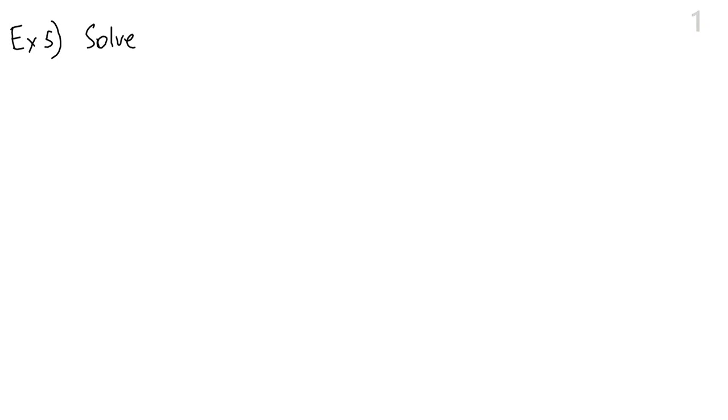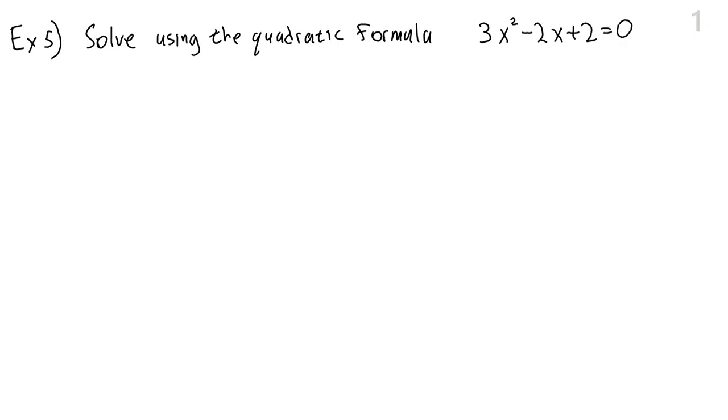Solve using the quadratic formula the following equation: 3x squared minus 2x plus 2 equals 0. And again, it's good to label what a, b, and c are. a is 3, b is negative 2, and c is 2.